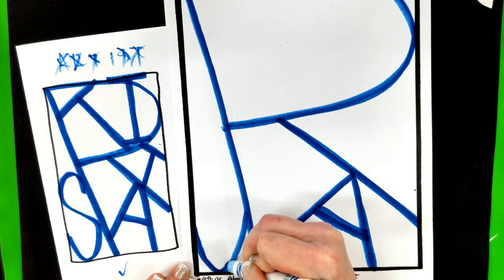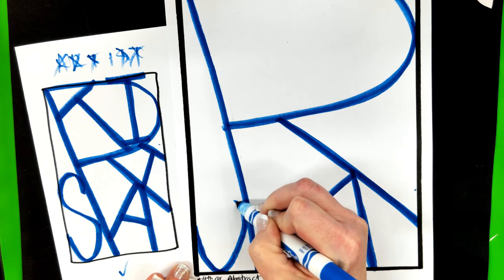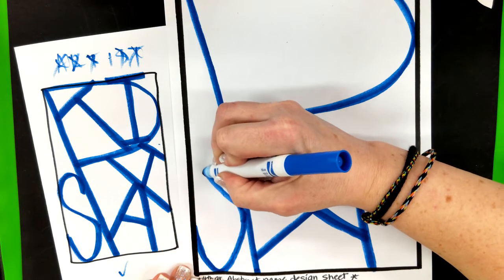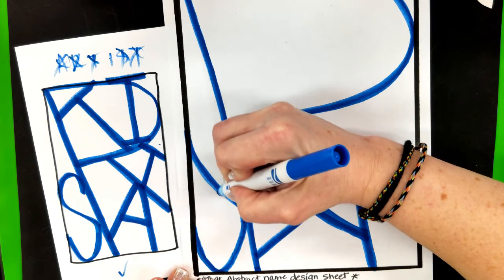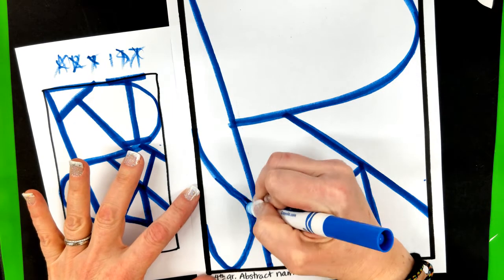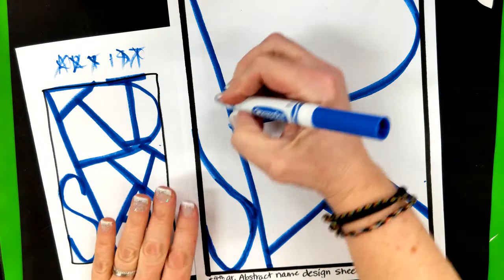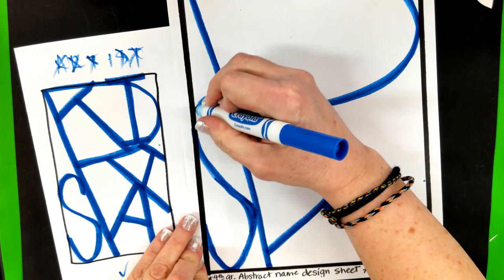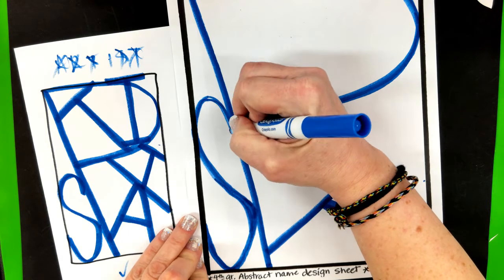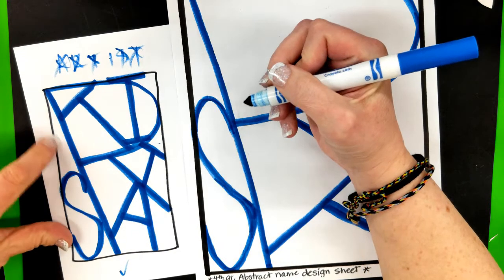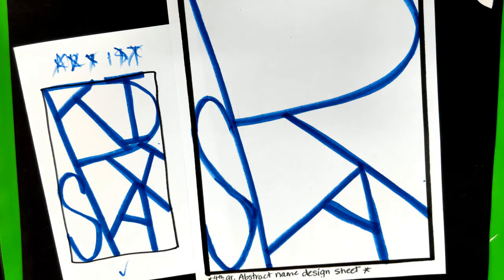There's the bottom of my S. I'm going to have to come back in, kind of like that. This S is stretching out a little further than my practice one did, and I'm okay with that. It doesn't have to be exactly the same. I'm not going to get that picky about it. Plus, there's nothing above it in this one for it to interfere with, so it's fine.